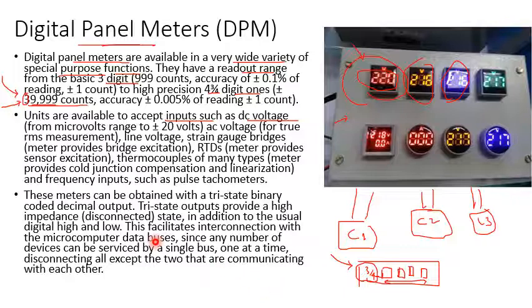This is written here: high impedance or disconnected state. 0 means not connected, 1 means connected, right? High impedance means it is neither on nor off. You can see that in your digital logic. So you have to remember that these meters come with tri-state output.